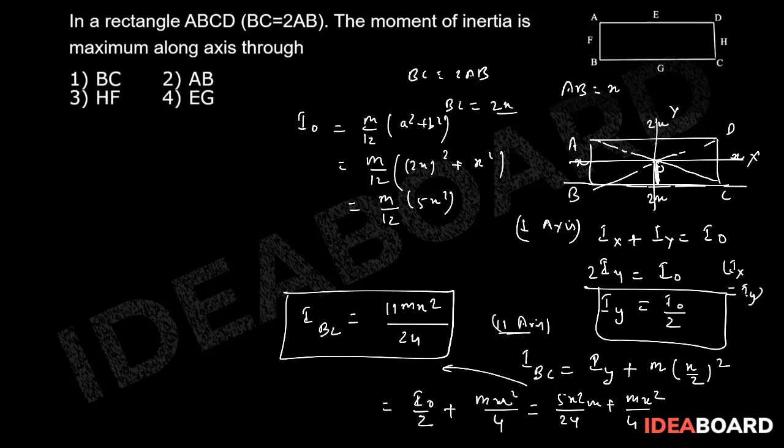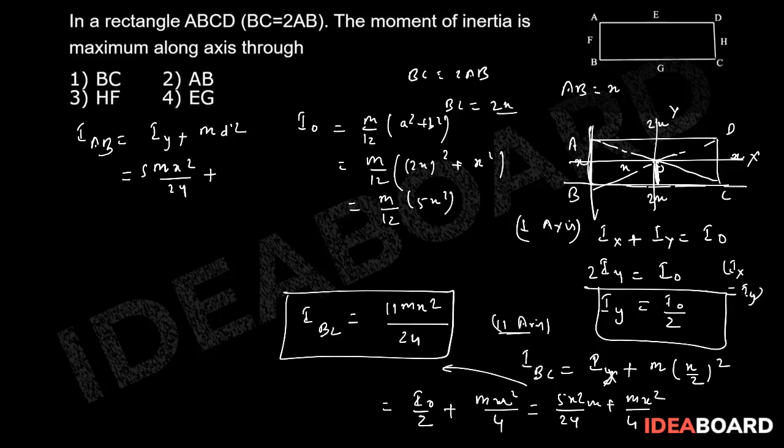Now what about I along AB? I along AB means this axis, right? So IAB will be equal to Iy plus m d dash squared, again by the parallel axis theorem. Iy is 5 m x squared by 24, plus m d dash squared.